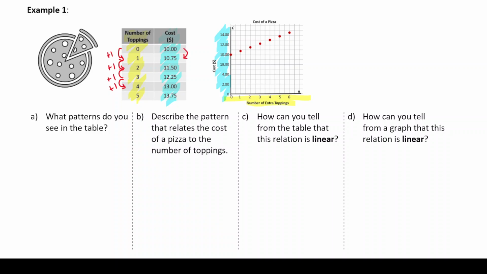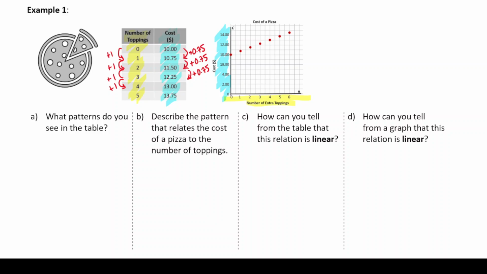And the cost, if I subtract those values, $10.75 minus $10 is 75 cents. And that pattern stays consistent. So every time we increase the toppings by 1, the cost is going up by 75 cents. This is what we meant by consistent increase before when we were defining what a linear relation is.